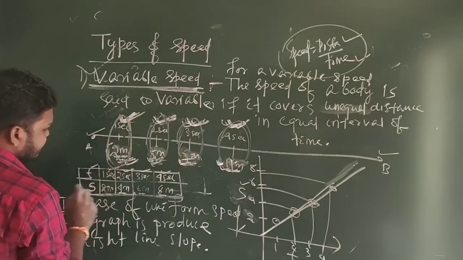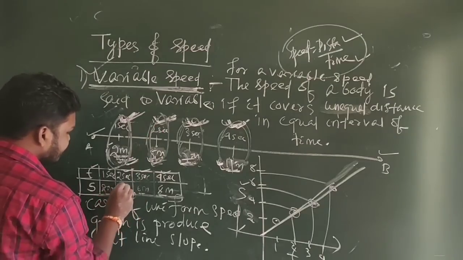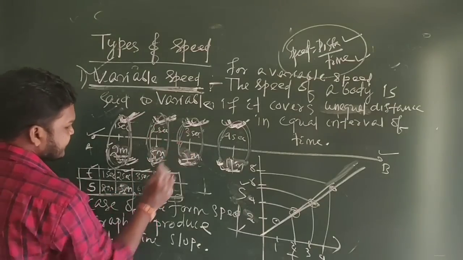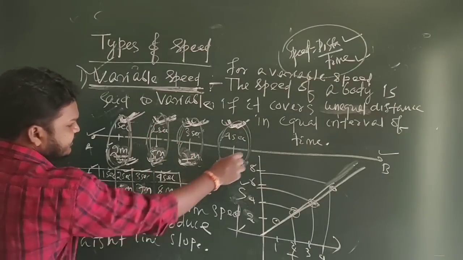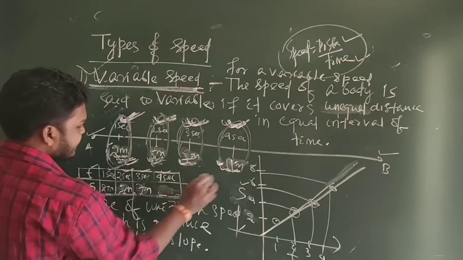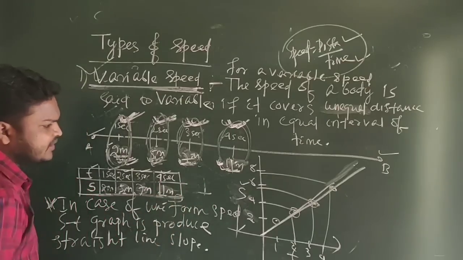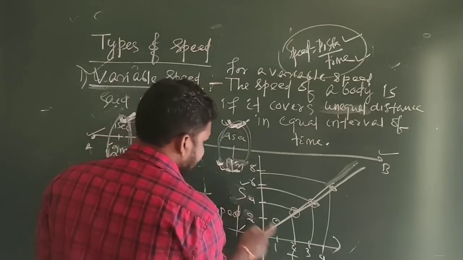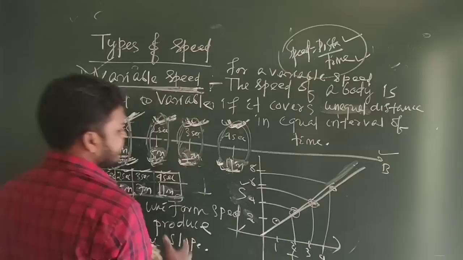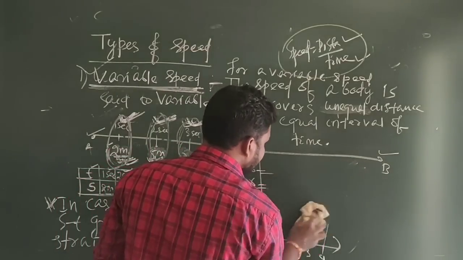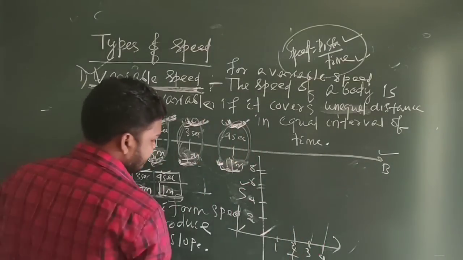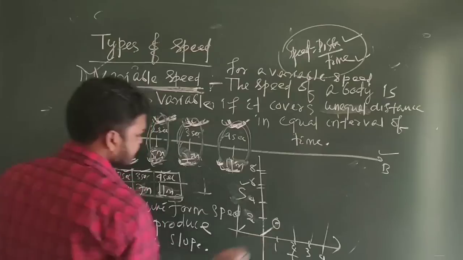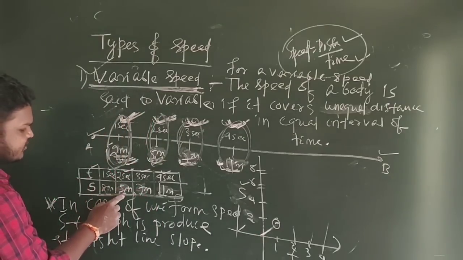So in 1 second it was 2 meter, in 2 seconds 5 meter, in 3 seconds 7 meter, in 4 seconds 11 meter. So if we plot a graph between distance and time in variable speed, then the graph looks like a curve. That means in 1 second 2 meter. In 2 seconds the body is at 5 meter.